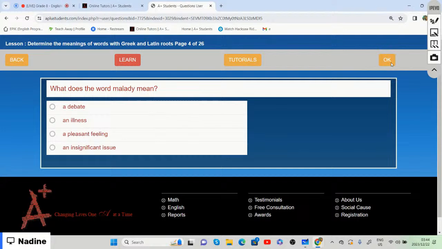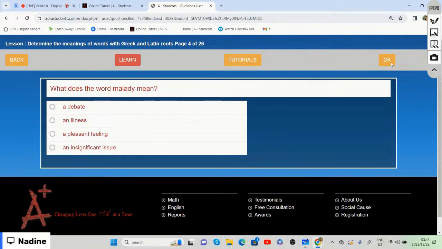Malady, right? What does the word malady mean? Is it a debate? Is it an illness? A pleasant feeling? Or is it an insignificant issue?